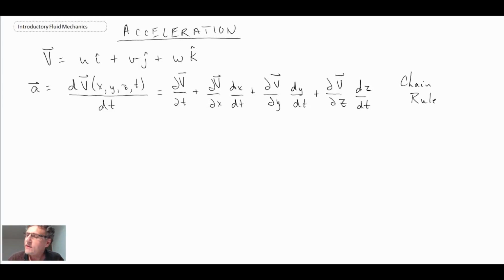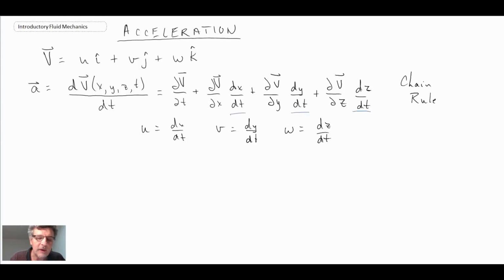Now when we look at this, we'll notice that we have these terms here, dx dt, dy dt, dz dt. Those are just the three velocity components. So we can write out little u is dx by dt, little v is dy by dt, and finally little w is dz dt.